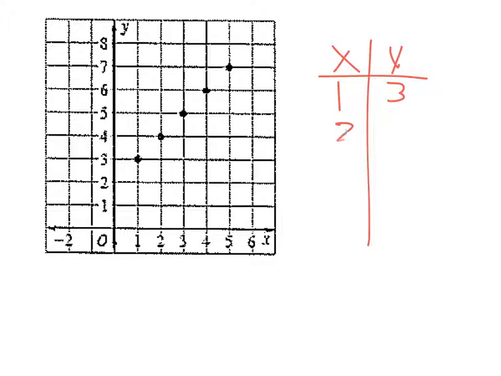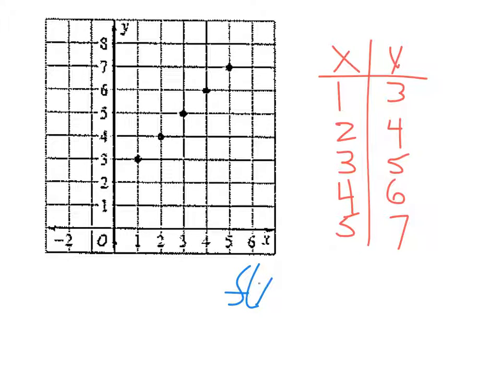We have 2, 4. 3 and 5. 4 and 6. 5 and 7. So now take a look. We're going to have a consistent pattern here. Figure out the pattern, and then you're just going to write the rule. So you just write f of x equals what? Whatever the rule is.